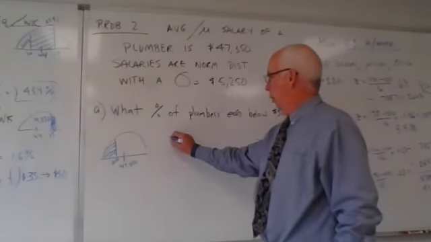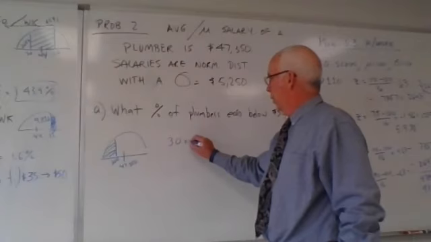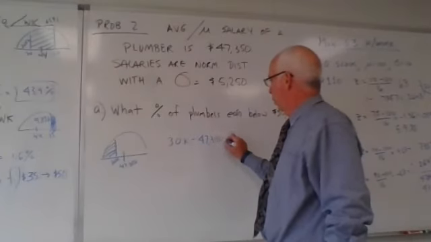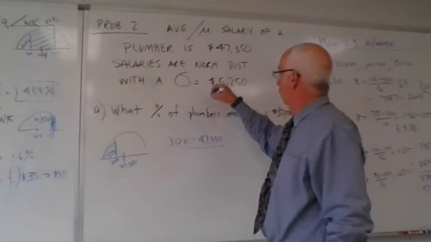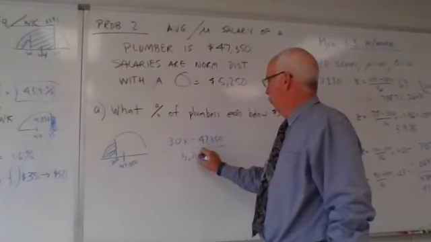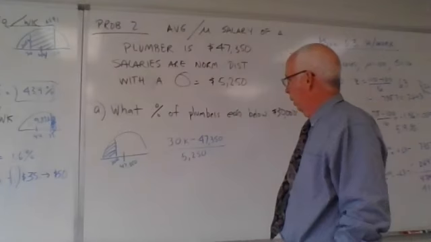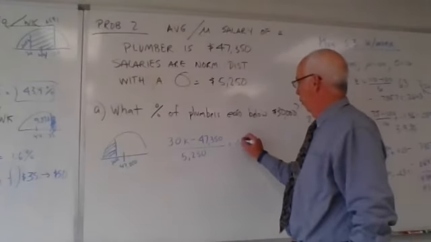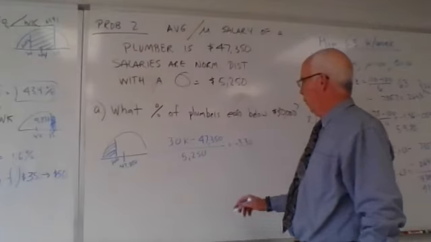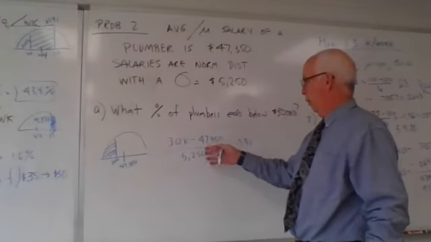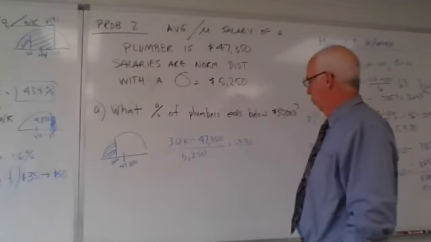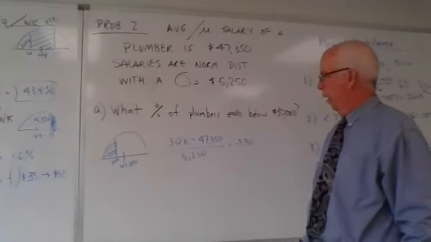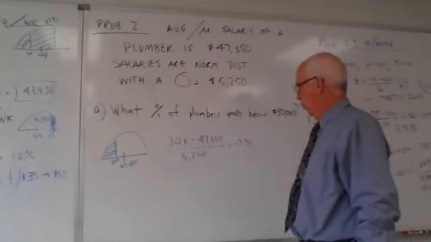So we're going to go 30K minus 47,350, that's our mean, over the standard deviation of 5,250. If we do the math, bada bing, bada boom, you come up with negative 3.30, which makes sense because 30 minus 47 is 17, and that goes into it about 3 times. So you know it's going to be a very small number. That's almost off the graph since it's over 3 standard deviations below the mean.